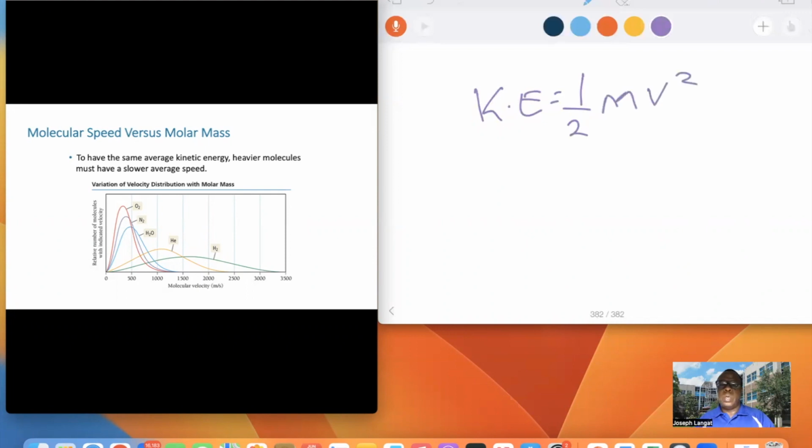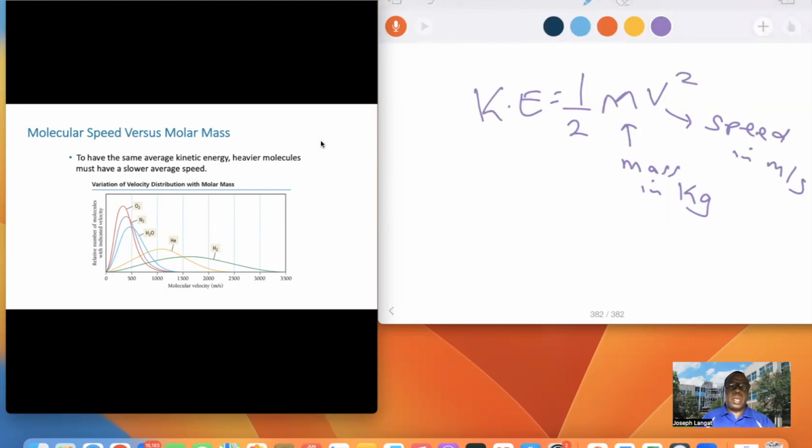So for a heavier molecule, m is the mass in kg, whereas v is the velocity, the speed in meters per second.